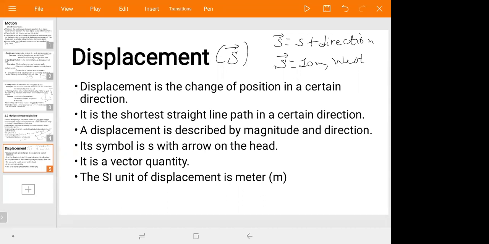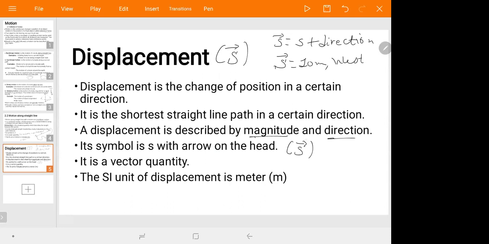A displacement is described by both magnitude and direction. So if distance is expressed with direction, it becomes displacement, and its symbol is s with an arrow on the head. If you put an arrow on the head of the symbol of distance, it becomes displacement.